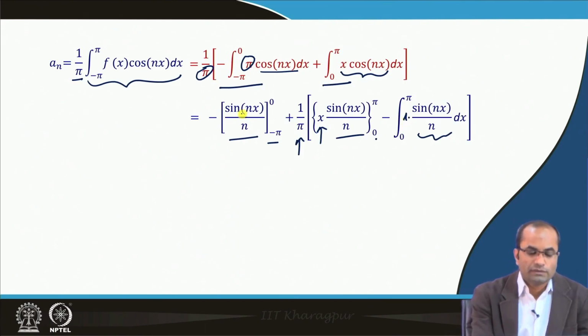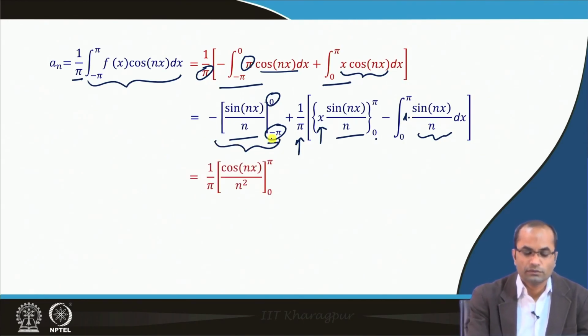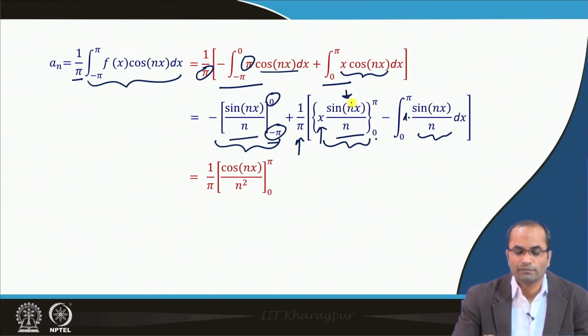In the first one, at the upper limit sin becomes 0, and for the lower limit also this becomes 0. So from the first term we are not getting anything, it is 0. From this second term also, because of the sine at pi and 0, this will again become 0, and the last term will contribute.